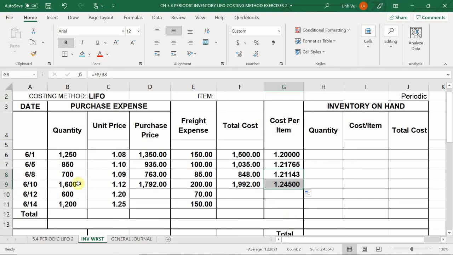All right. Then on June 12th, we purchased 600 units at $1.20.